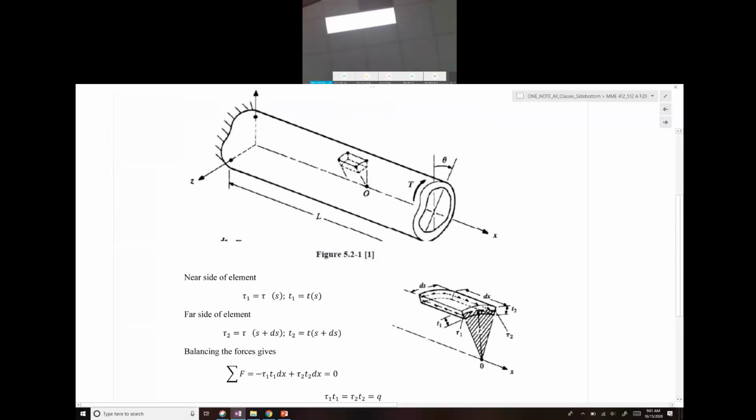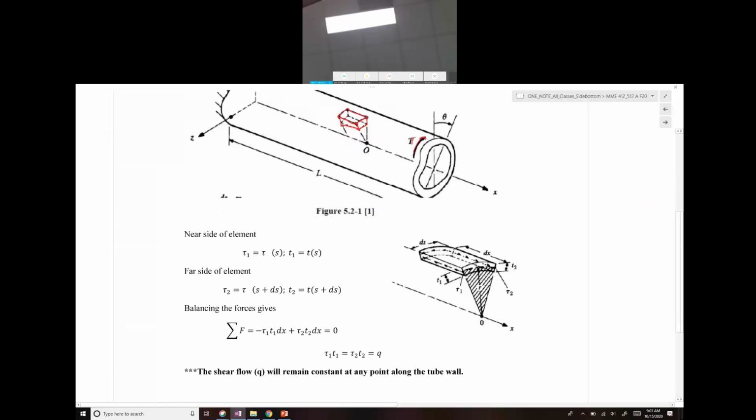All right. So if we took a small element along the length of our tube that had an applied torque, and we enlarged it, we can define 2 points.